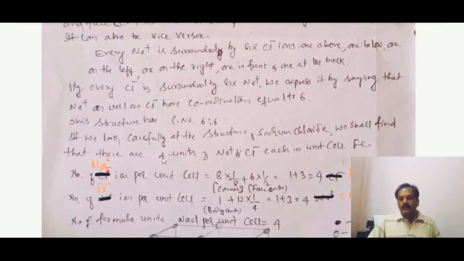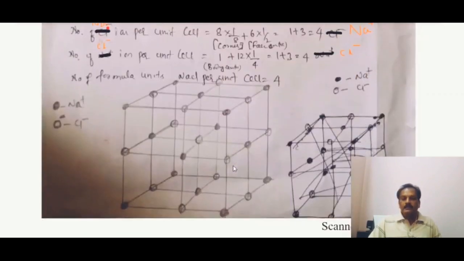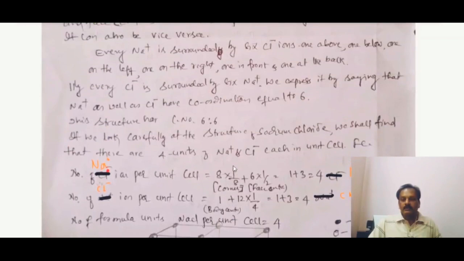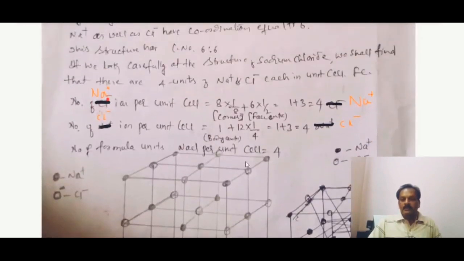And what would be the unit formula of this sodium chloride crystal lattice? If you look carefully at the structure of sodium chloride, we shall find that there are 4 units of Na+ and Cl- each in a unit cell. Na+ ions are present at the corners and also face centers.